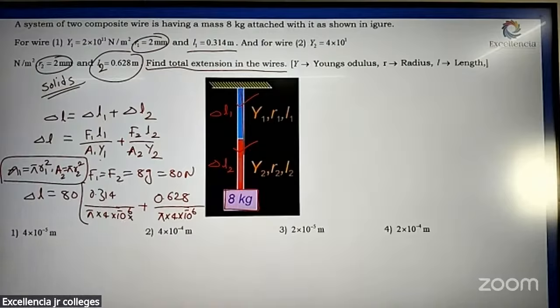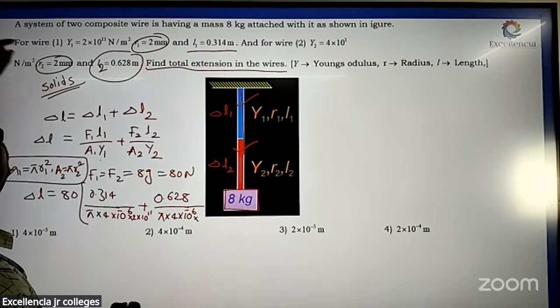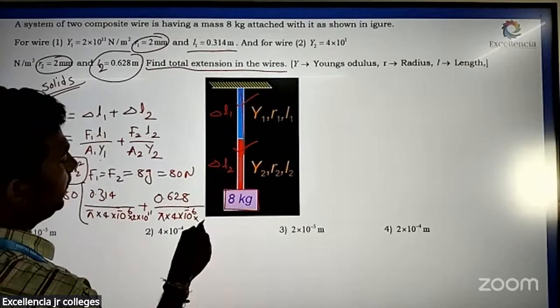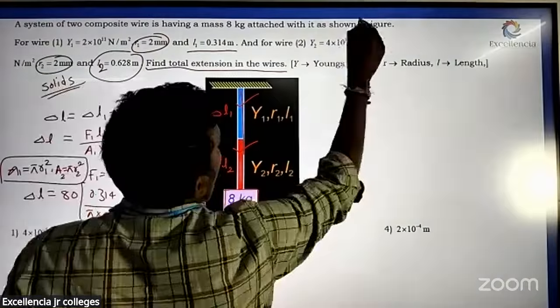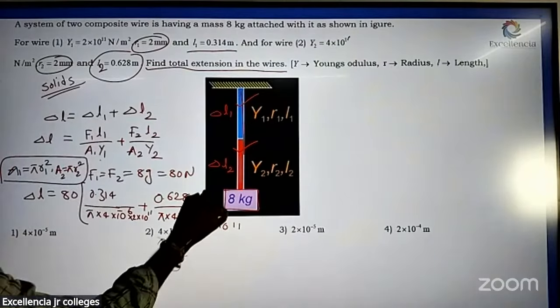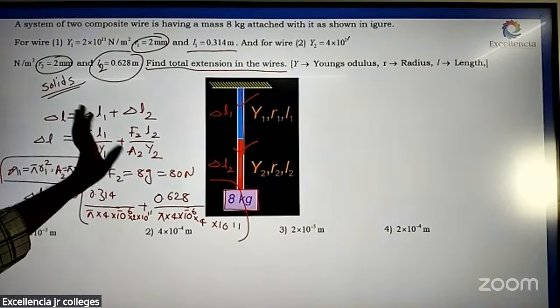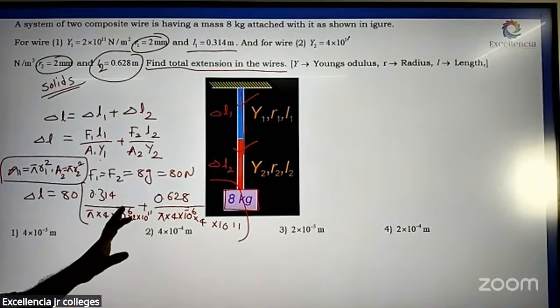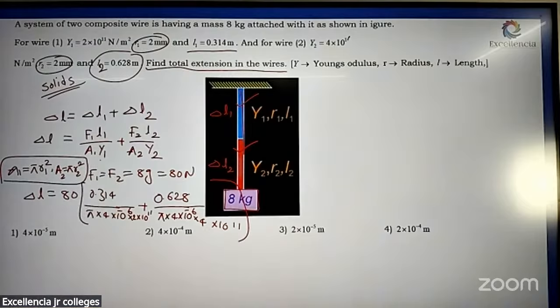Y1 value for the first one is 2 into 10 to the power 11, and the Y2 value is 4 into 10 to the power 11. If you calculate the complete value, you will get the answer. It is a somewhat lengthy calculation, so you can calculate it and get the answer, friends.